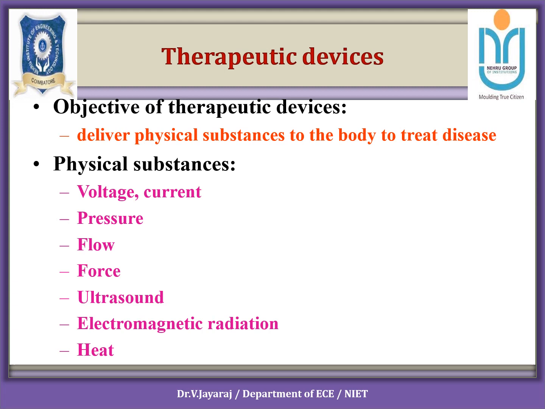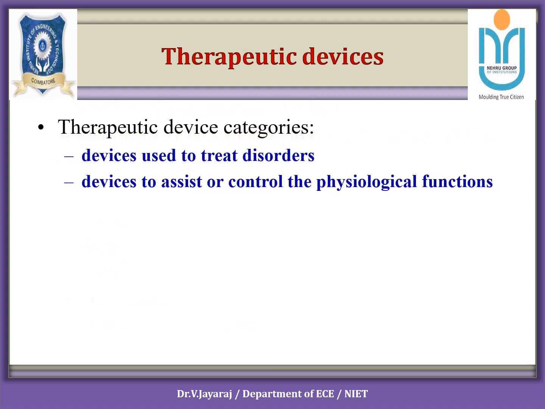Therapeutic devices are the instruments which are used for treating patients' diseases. Therapeutic device categories are, first, the instruments which are used to treat disorders, and second, the instruments which are used to control or assist the physiological functions of our body.